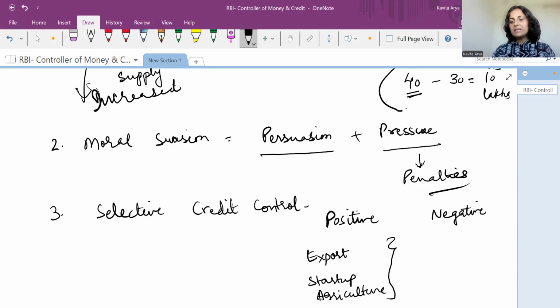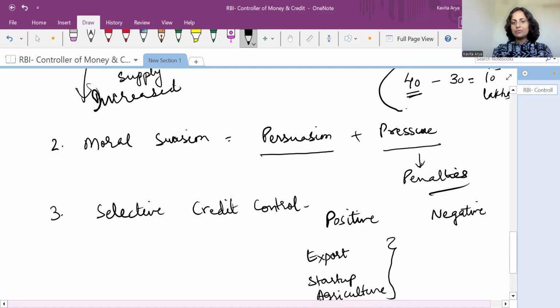Negative means if a particular sector is listed, the amount of money going there in terms of loans can be curbed. This way RBI tells commercial banks where to give the money, where not to give the money, and how much to give, and in this way it controls the supply of money in the economy.